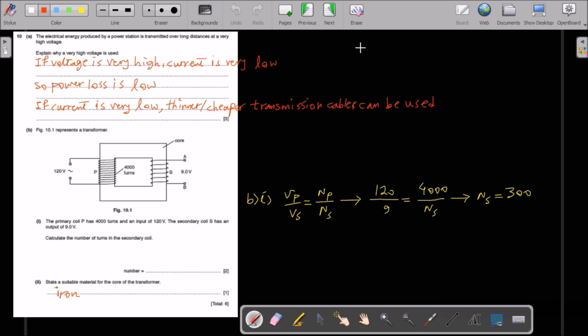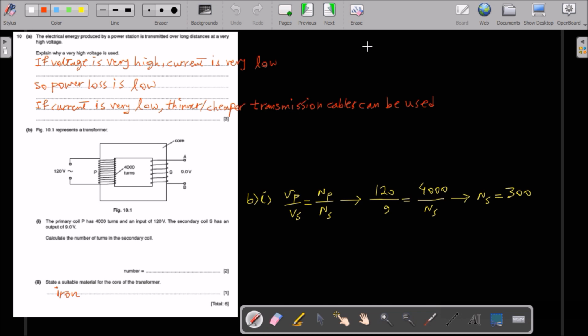Next part. Figure 10.1 represents the transformer. The primary has 4,000 turns and input is 120 volt. Secondary has 9 volt output. Calculate the number of turns in the secondary coil. The turns ratio for a transformer is Vp divided by Vs is equal to Np divided by Ns.